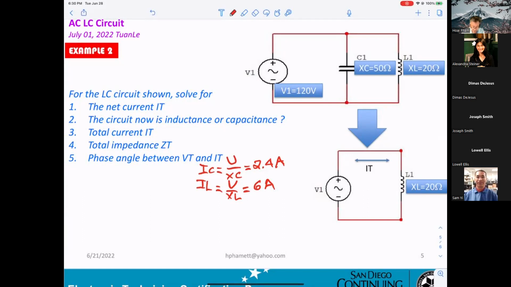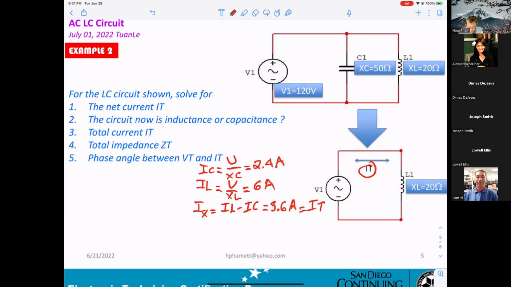So basically I equals IL minus IC, equals 3.6. 3.4, right? Or 3.6. Okay, 3.6. So that's what they call IT, or I. I or IT will be the same thing.